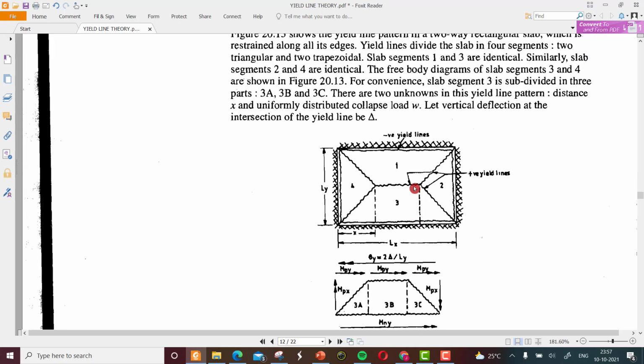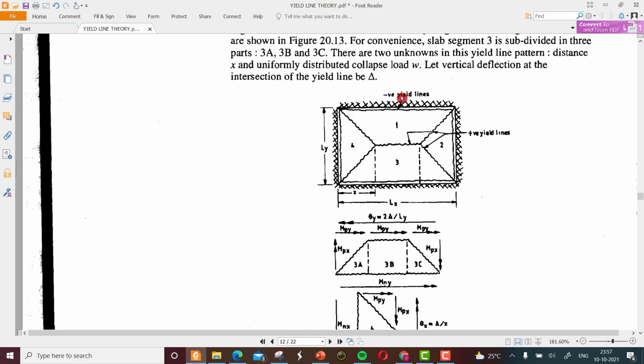The important terms in this figure include the negative E line around all the supporting edges, and positive E lines inside the slab. x is unknown to us, Lx is the total length of slab, and Ly is the width of the slab.